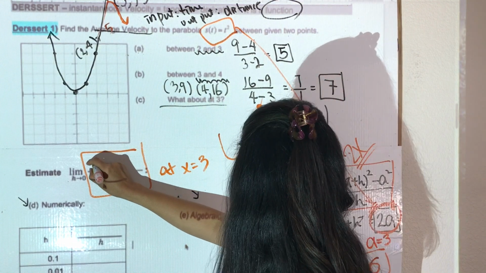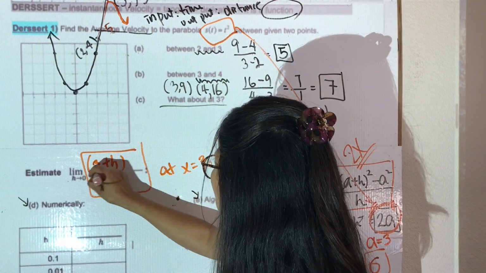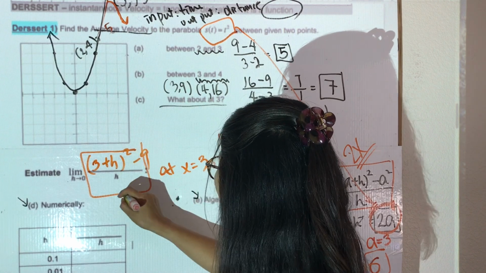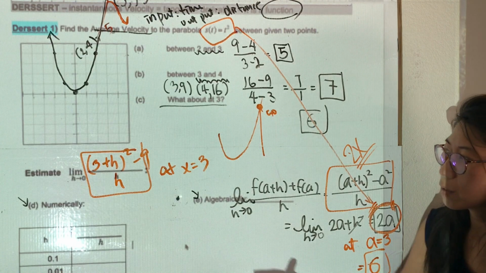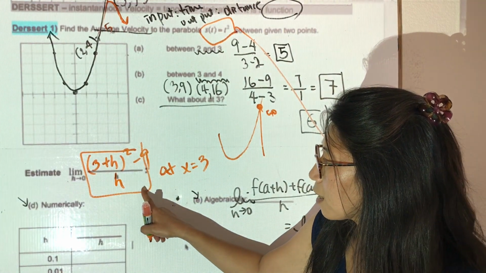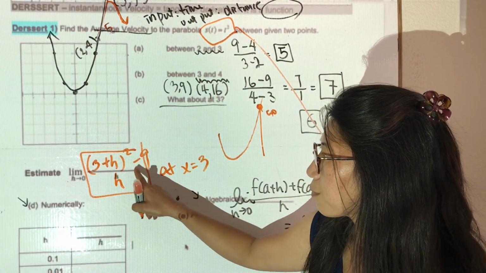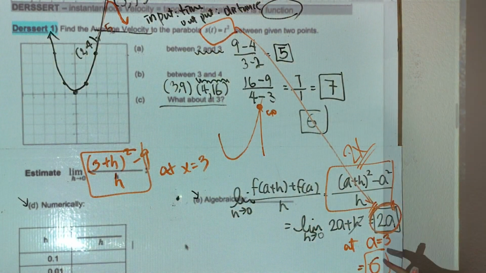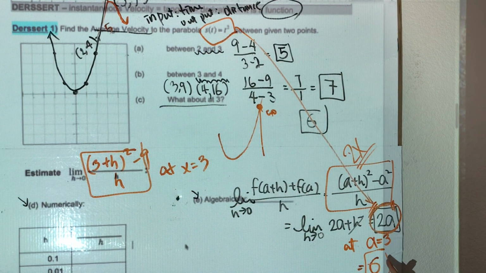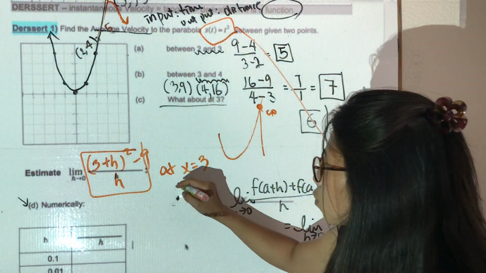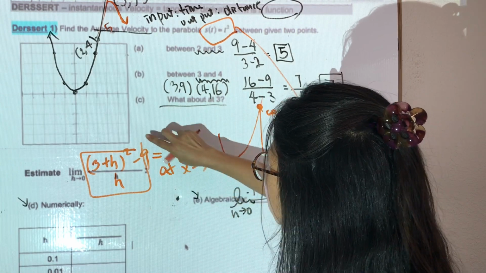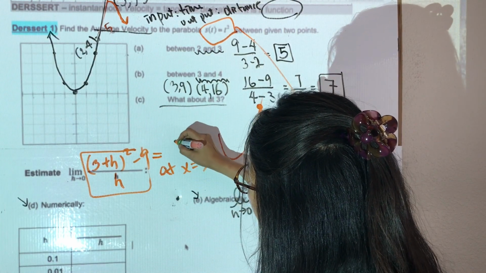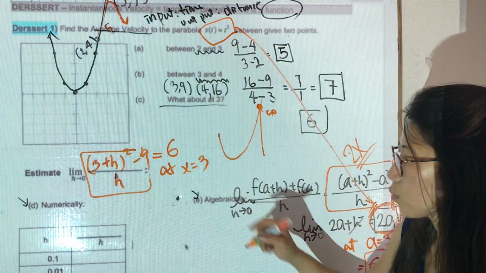So it's going to be (3 plus h) squared minus 9 over h. So I want to find the limit of this function. And as you see, if I plug in, I cannot find it. But after you do algebra, as you see, the denominator cancels out. So it turned out to be 2a. And the limit is actually going to be 6 at x is 3.